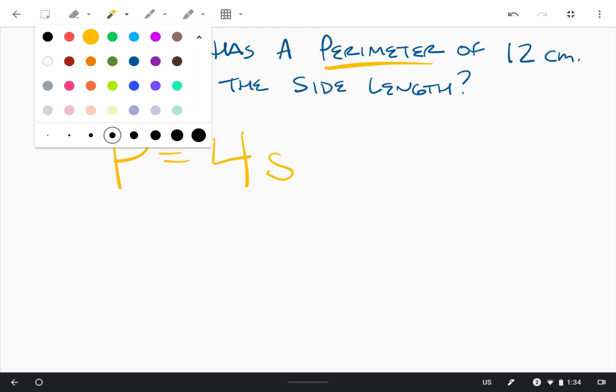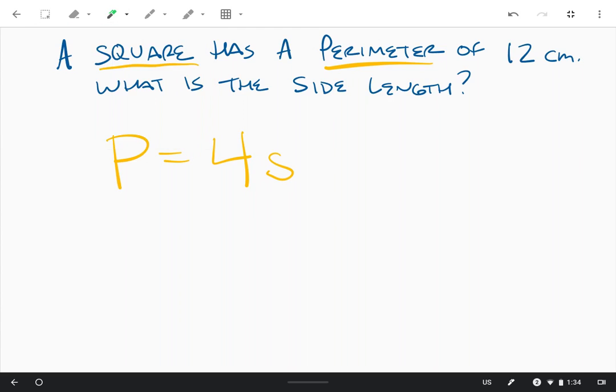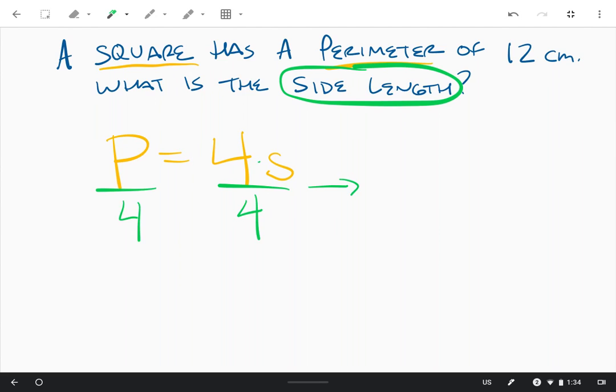And they want us to find the side length. So we need to first rearrange this so that s is by itself. This is a pretty basic one. I need to get rid of this 4. It's 4 times s, so I'm going to divide by 4 on both sides. And so I find that s equals P divided by 4.